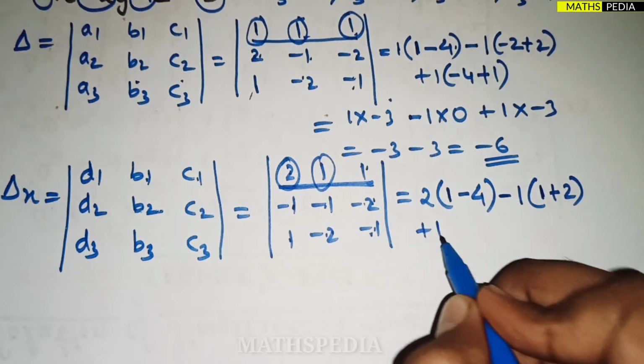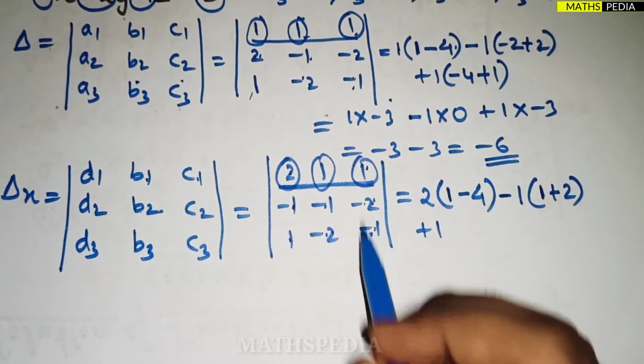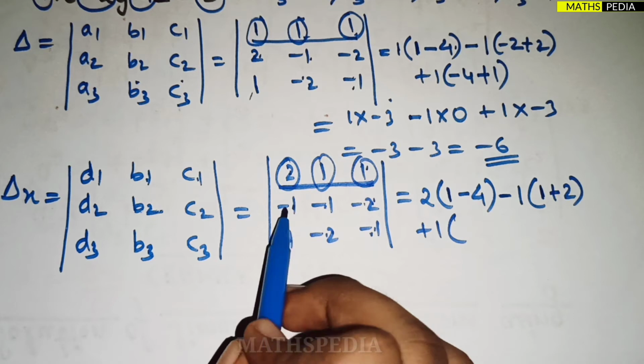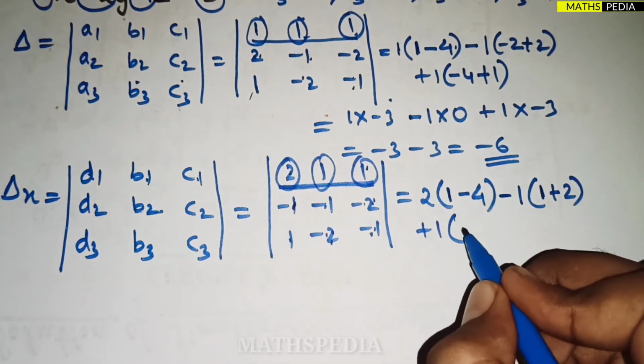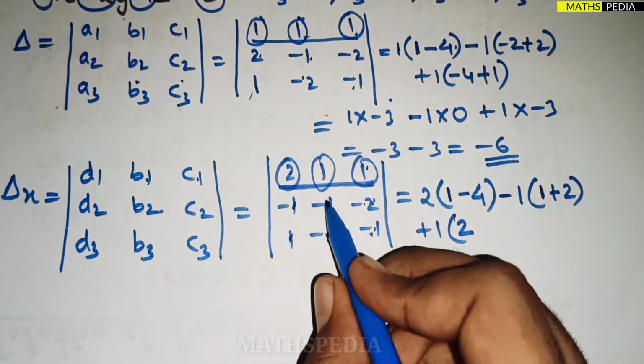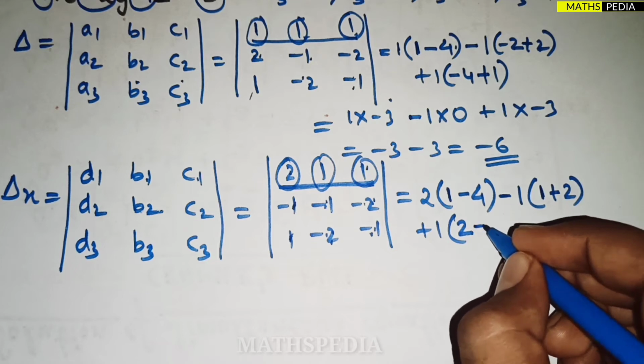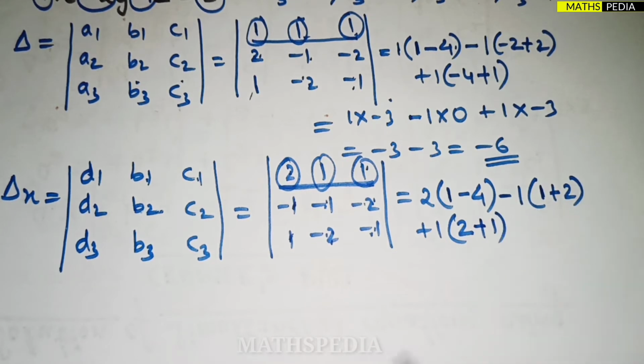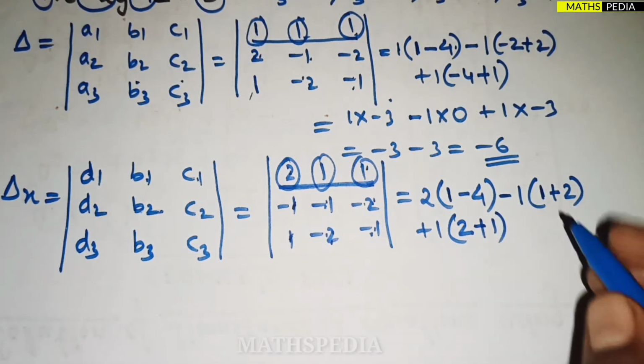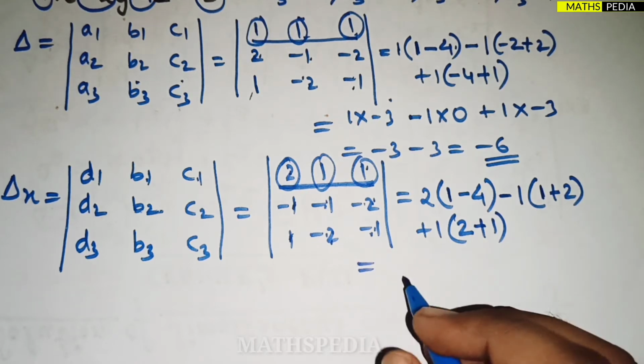Last element plus 1, leave this column and row, what is left out? Minus 1 into minus 2, it is 2, then 1 into minus 1, first put minus, then this becomes plus 1.